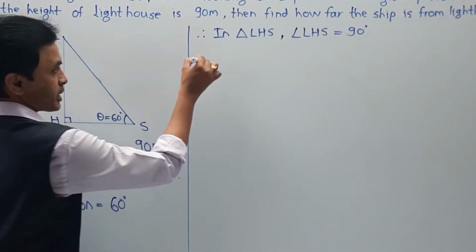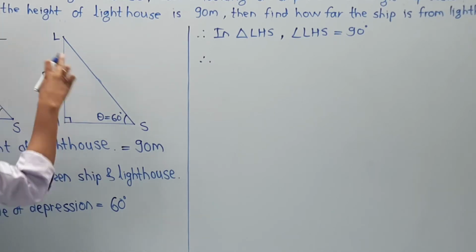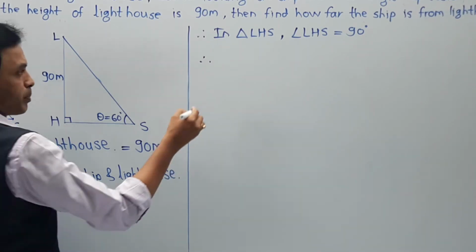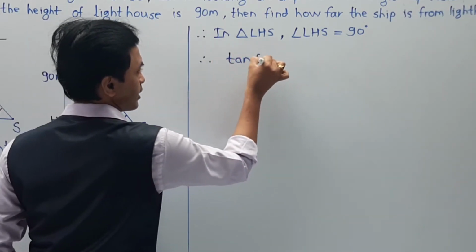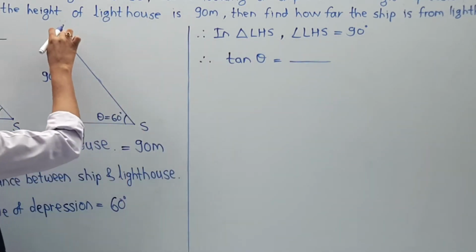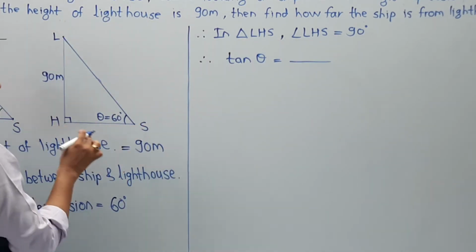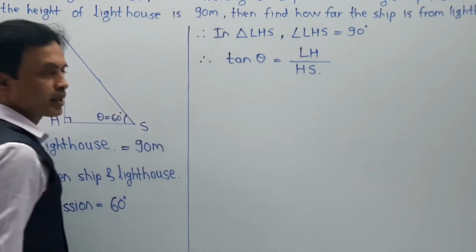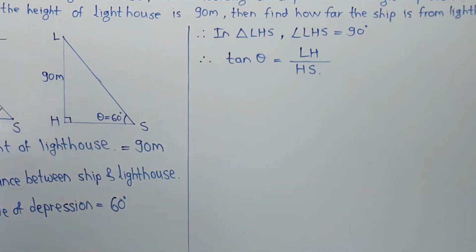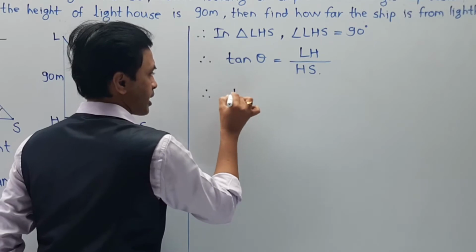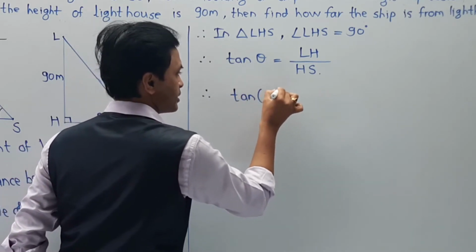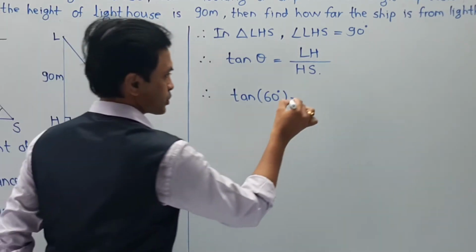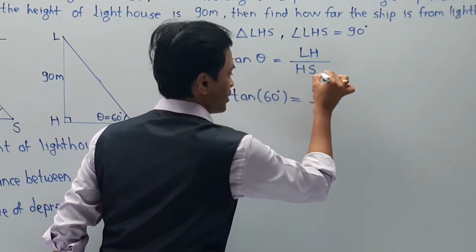Moving ahead, naturally we use tan theta, that is opposite side upon adjacent side. But as you practice, you can use it directly. So tan theta is equal to the opposite side LH upon HS or SH. Now tan theta is nothing but tan 60 degrees, which is equal to LH, given as 90 meters, divided by HS.